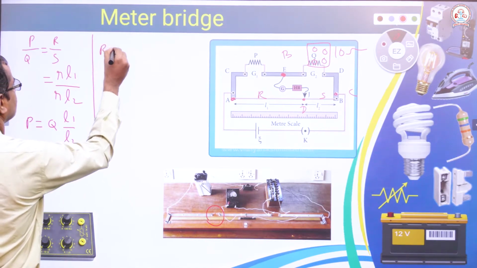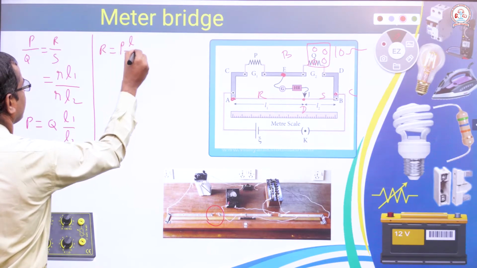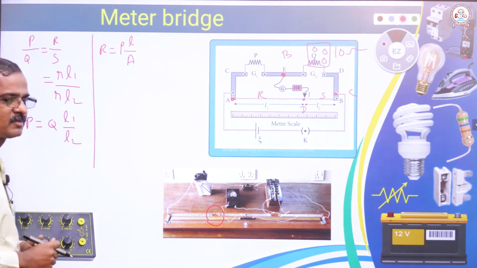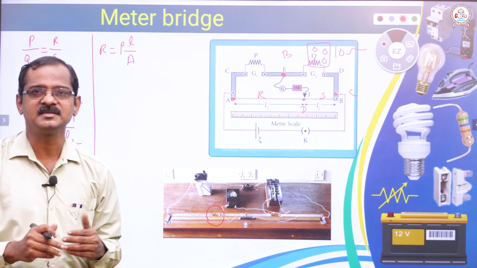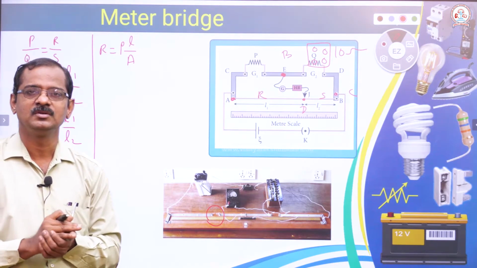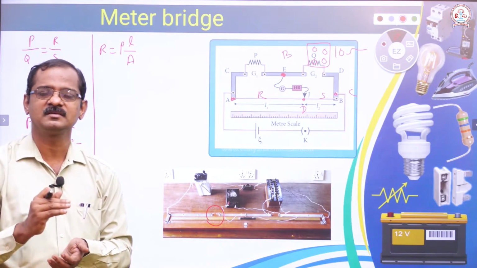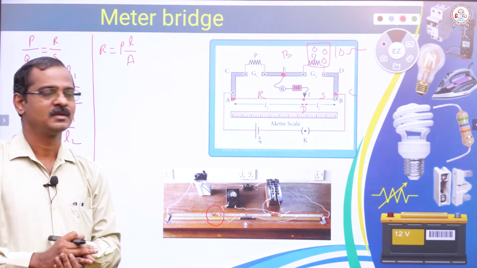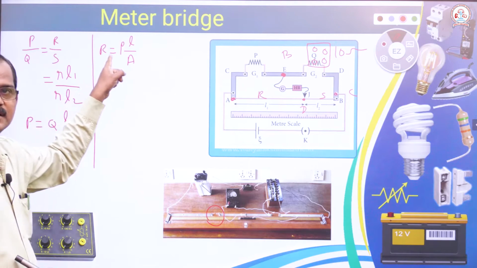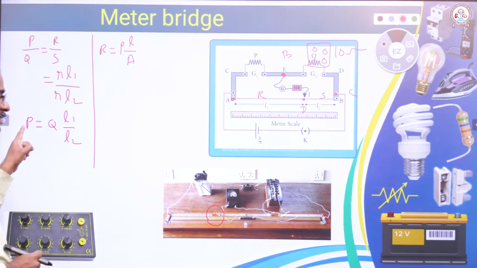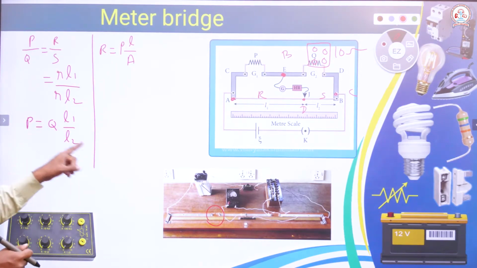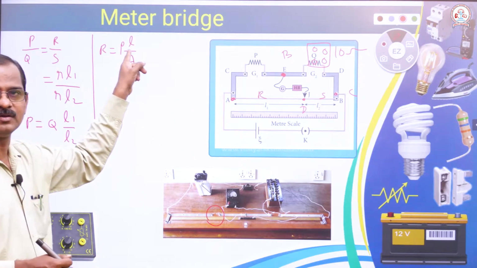R is equal to rho into L by A. Resistance is equal to rho, resistivity, L, length of the wire, A is cross sectional area of the wire. R is the resistance, isn't it? So, let us take that P, what we have calculated, because the aim of the experiment is to find out the rho value.